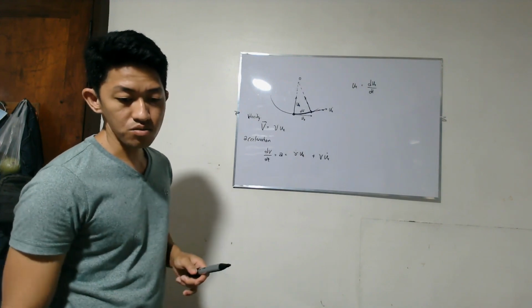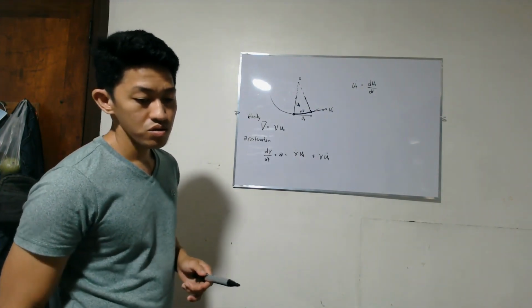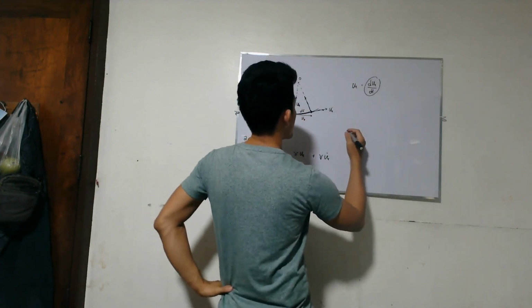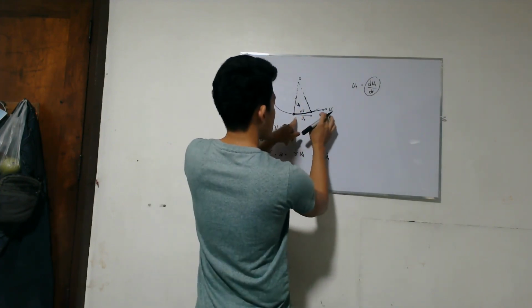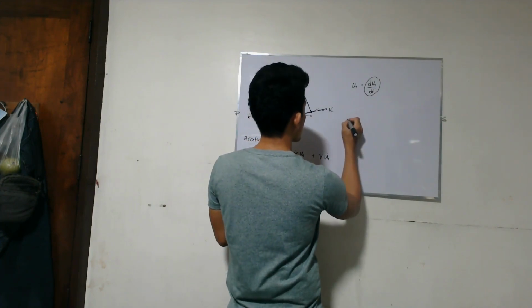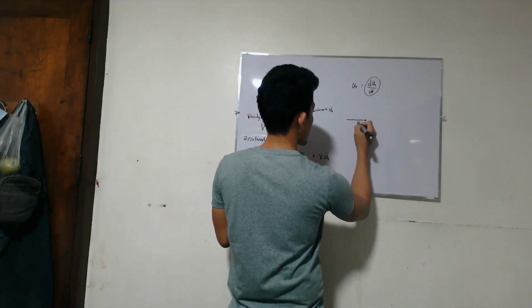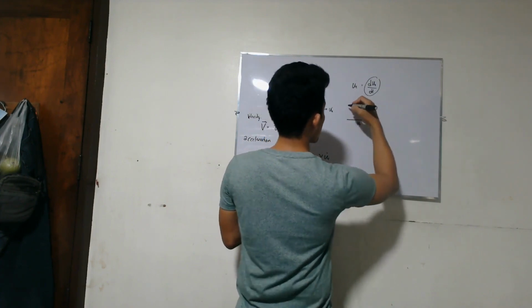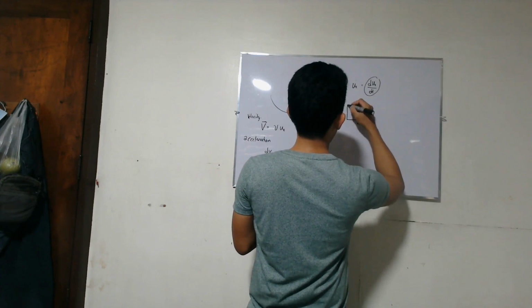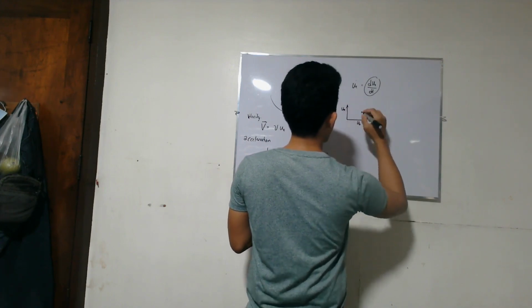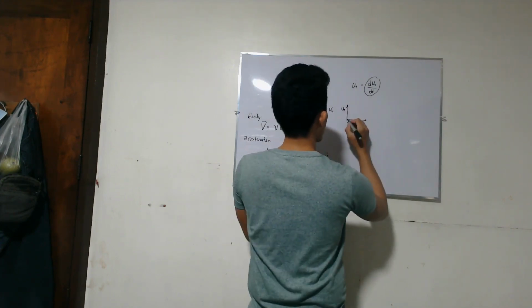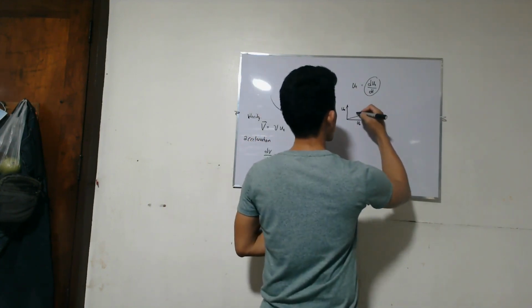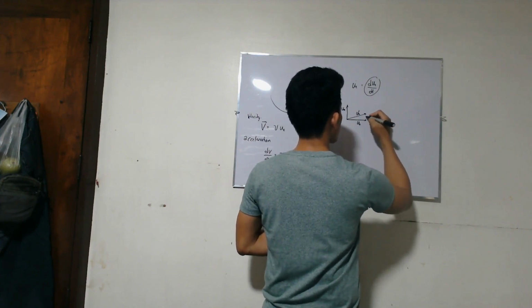If we superimpose them, the objective is to get this one. So you superimpose: you have u sub t, and perpendicular to it is u sub n. And here, this is u sub t prime.